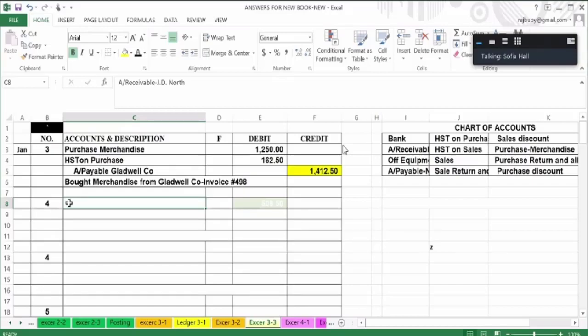HST is on the sales, and the sales will be the credit side.